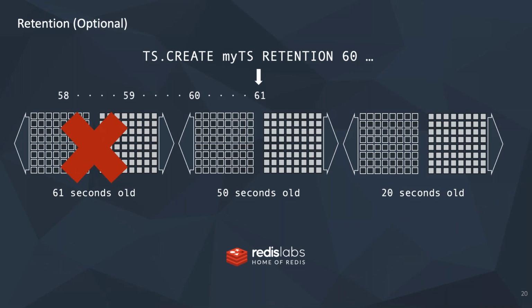But if you had MyTS2, a retention of 1,000 seconds, 1 million seconds, or no retention at all, that's perfectly fine. So you could create multiple different keys, each with their own retentions, and that database can contain millions of different time series keys. Let's see, lots of questions today.